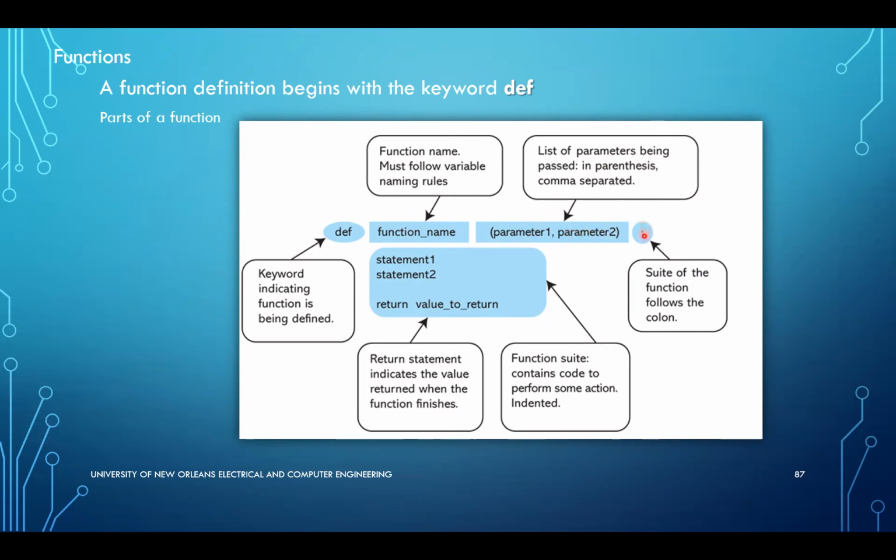And then once we define the parameters inside the parentheses, we need to include a colon, okay? Because that indicates the end of that portion of the function definition, because what follows will be a statement or set of statements that will perform some related task that we need for that particular function. Sometimes this is what is called a function suite, which includes the code that the function will perform.